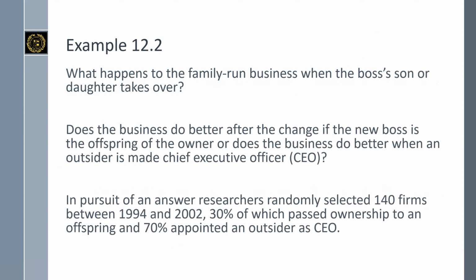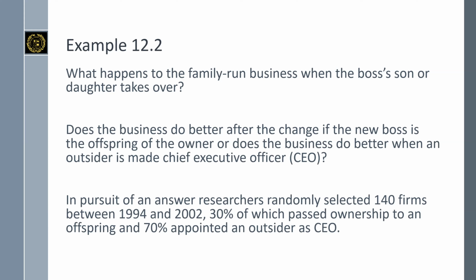what happens to the family-run business when the boss's son or daughter takes over? Does the business do better after the change if the new boss is the offspring of the owner, or does a business owner do better when an outsider is made chief executive officer or CEO?